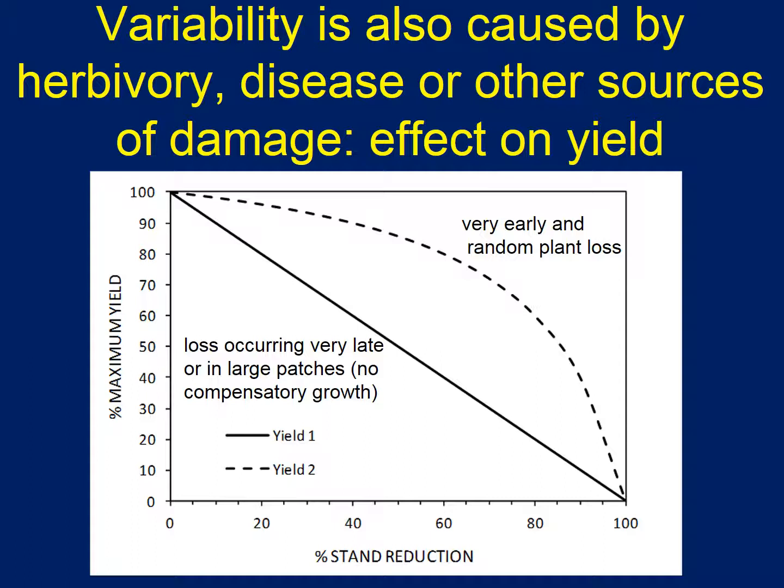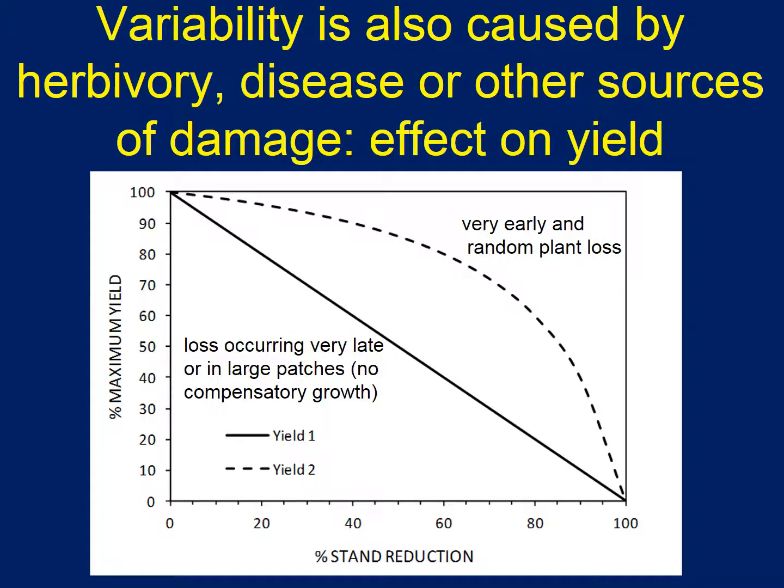The straight line shown here would represent plant losses occurring very late or in large patches. That means that there is no possibility for compensatory growth of the remaining plants. The remaining plants will not be able to fill the gaps created by the loss of plants. Therefore, there will be a straight proportionality between plant density and yield.